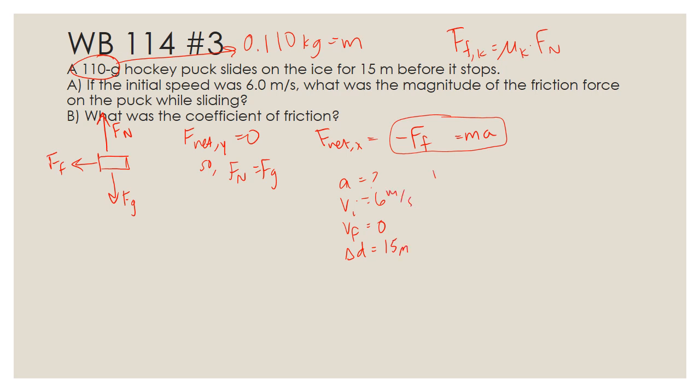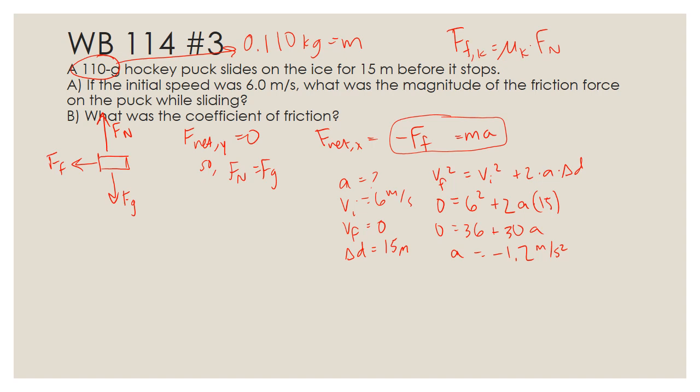So the equation that we need to use is Vf squared equals Vi squared plus 2 times a times the displacement. Substituting some numbers in, we get 0 equals 36 plus 30a, and then acceleration with some rearranging comes out to be negative 1.2 meters per second squared.